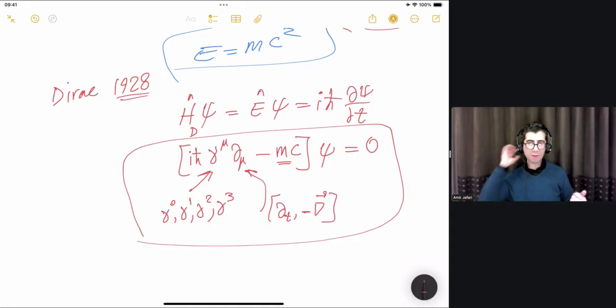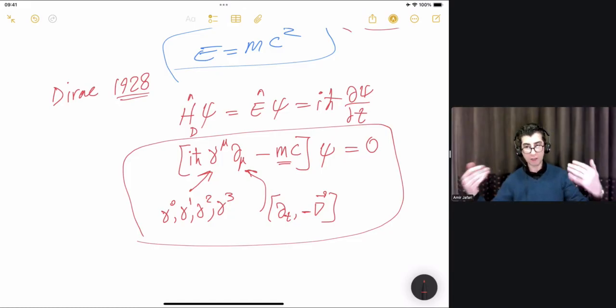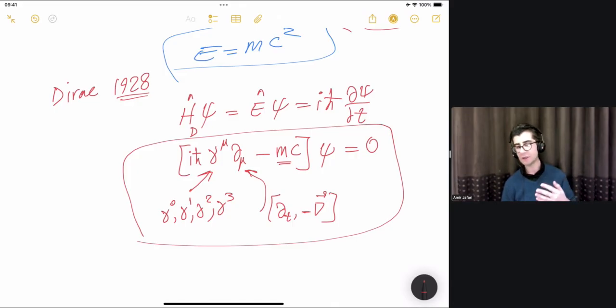But still, the problem is that that electron can go to lower and lower and lower energies. There is no lower limit for the energy. So the electron can lose energy and go to lower energy values. So the whole theory is maybe promising, but remember, the Dirac equation is written for a particle with mass m.